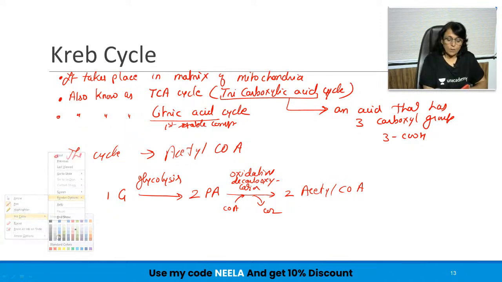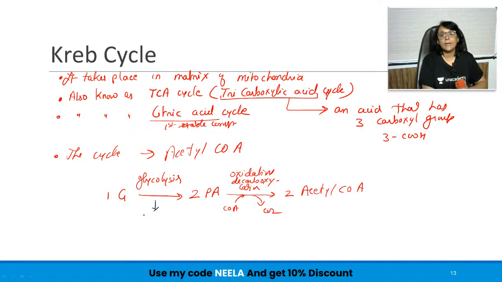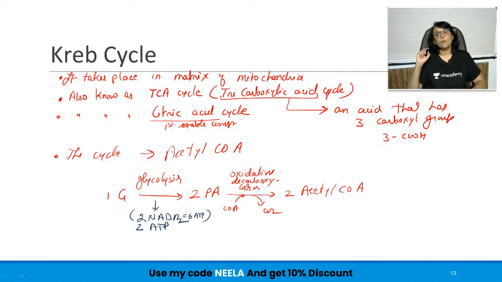And in this step, if we are talking about glycolysis, what did we get? We got 2 NADH2 and we got 2 ATP. This is equal to 6 ATPs. That is 2 NADH2. What did we get in oxidative decarboxylation? Here also we got 2 NADH2. And this is again 2 into 3, that is 6 ATP worth.